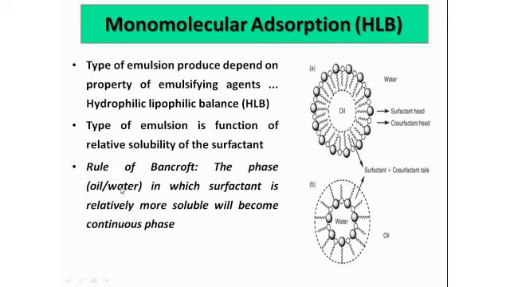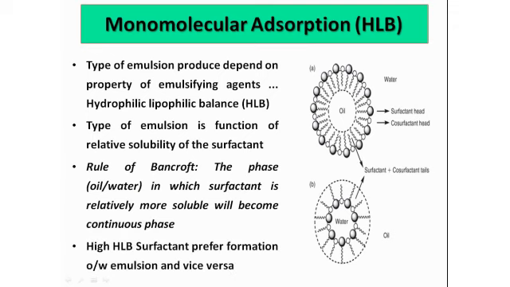If the surfactant is more soluble in the water phase, then it will become oil in water. If the surfactant is more soluble in water, the continuous phase will be water. If it is more soluble in oil, the continuous phase or dispersion medium will become the oil.